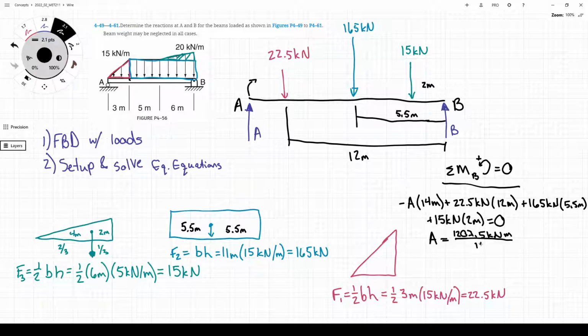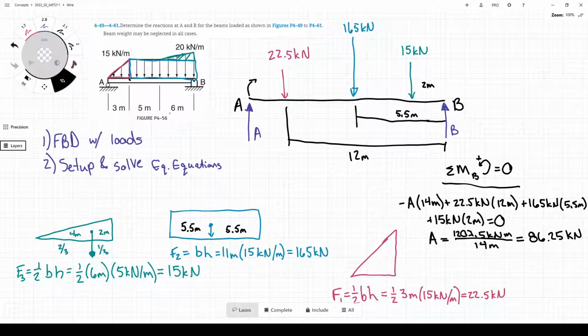Divide that by 14 meters. And we get A is 86.25 kilonewtons.